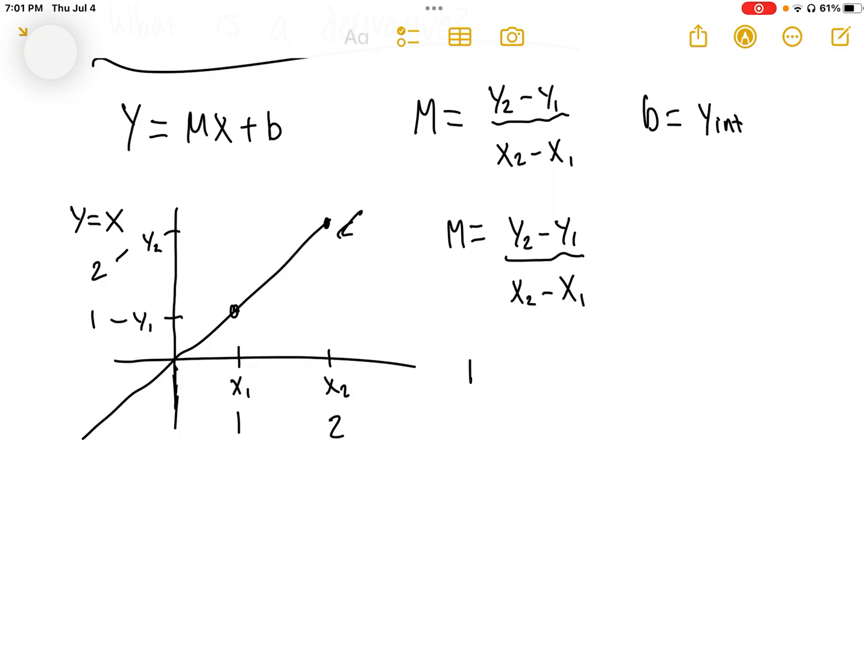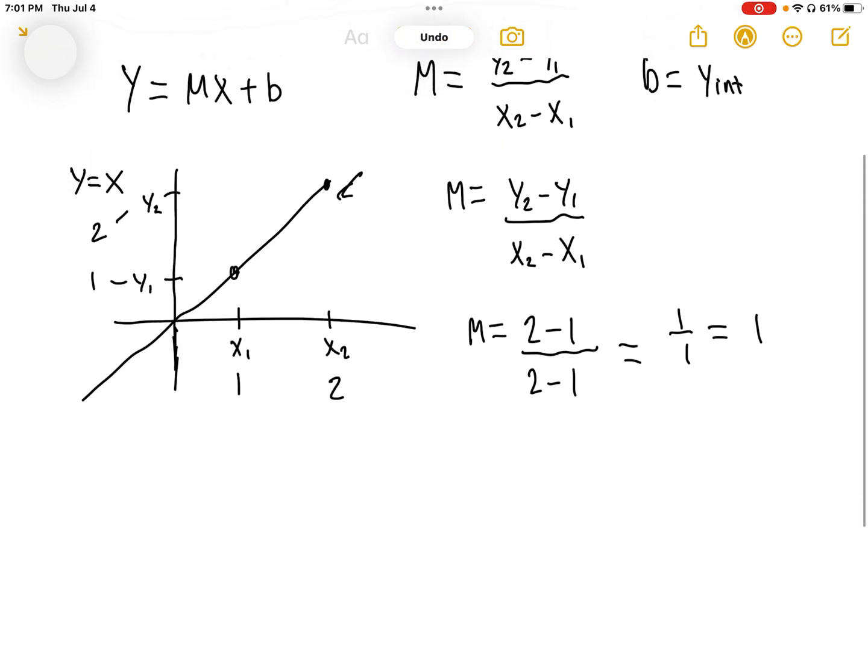And if we plug this into our formula, m equals y2, which is 2, minus y1, which is 1, divided by x2 minus x1, which is 2 minus 1, and this simplifies to 1 over 1, so the slope is 1. And so that's the slope between 2 points of a linear function.